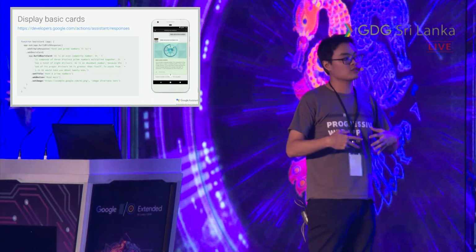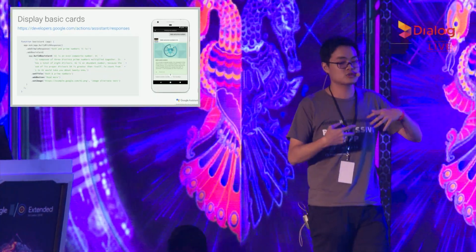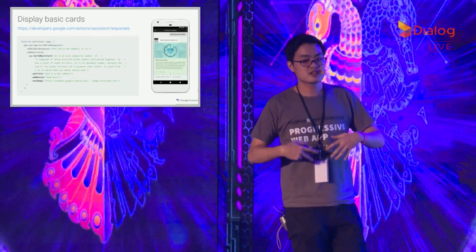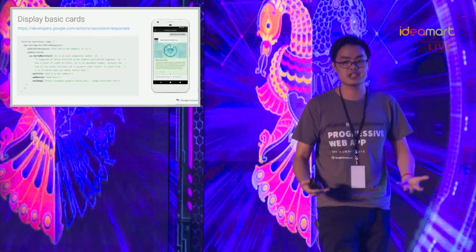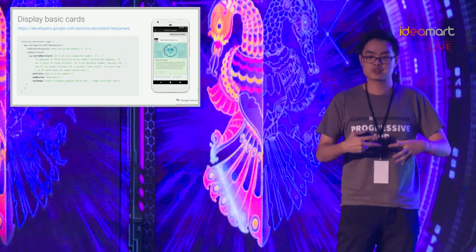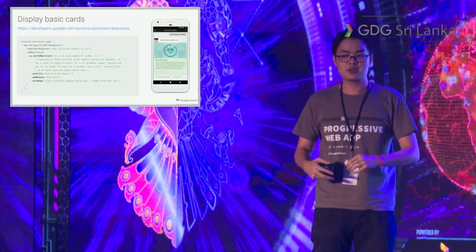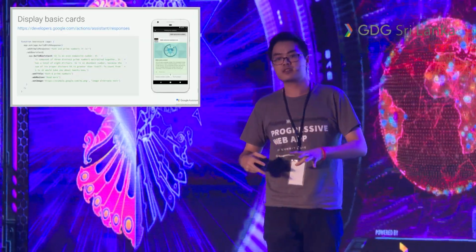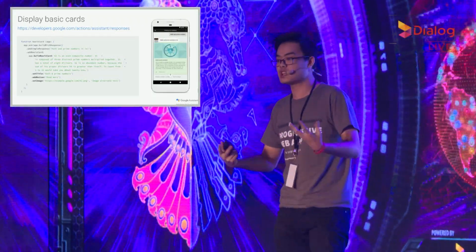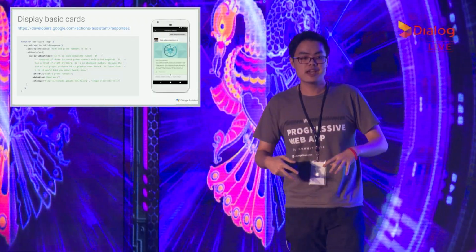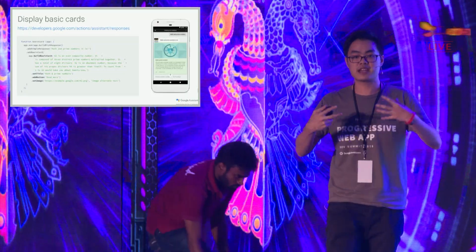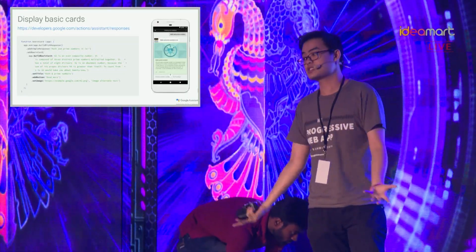Another response that you can show on your application is through basic cards. So cards are used to display summary information and some graphics to supplement. So let's take, for example, you created an application that tells you tourist information about Sri Lanka. So I will probably say, hey Google, get me the tourist guide for Sri Lanka. Let's say there is such an app.